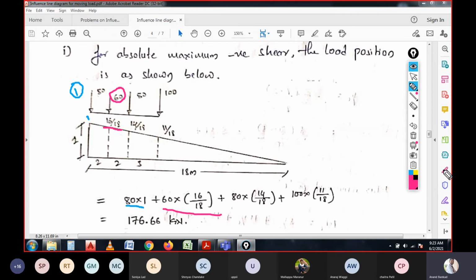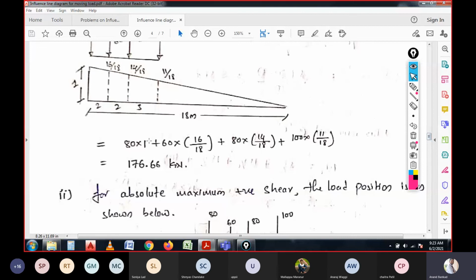And next we have this 80 into 14 by 18. Again we have 100 into 11 by 18. That is the thing. That means the intensity of load multiplied with the coefficient values. The coefficient values you can always calculate in this manner, like this, right?